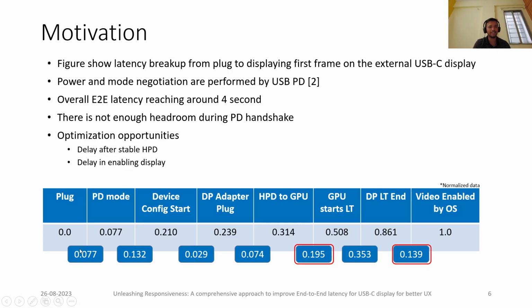So we started digging into each stage, and we saw there is not much headroom in the PD handshake procedure. Then we started digging into the display driver, and we found two delays: after stable HPD there was a delay, and there is a delay in enabling the display. So let's jump to the proposed solution to optimize those.